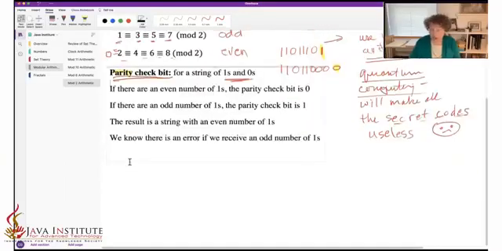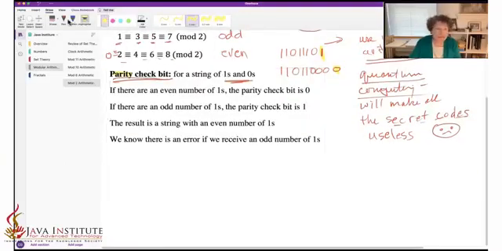Okay, so you tell me. I'm using a parity check bit, and you receive this message, and then you receive this message, and then you receive this message.